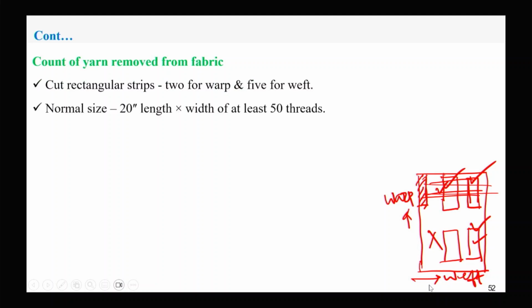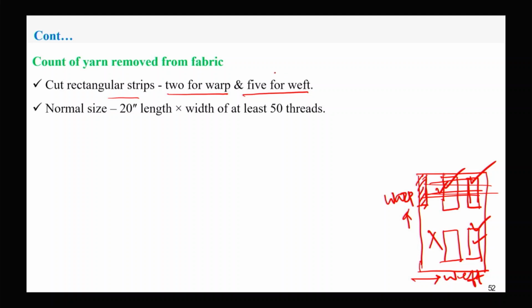Cut 2 warp and 5 weft. Okay, so rectangular strips, 2 for warp, 5 for weft. So why 5 for weft? Why 2 for warp only?